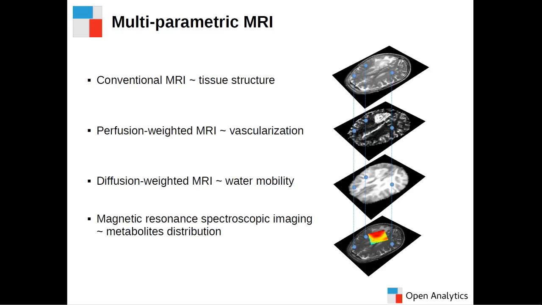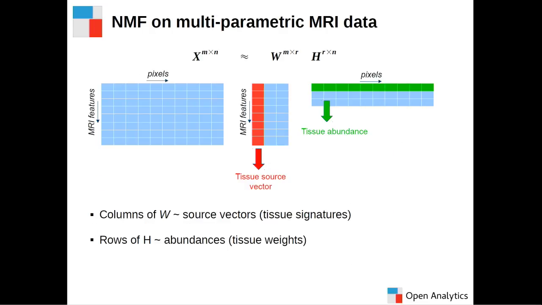We include diffusion-weighted MRI, which gives us information about the mobility of the water molecules within the brain. And we consider magnetic resonance spectroscopic imaging. That modality gives us insight on the spatial distribution of metabolites in the brain, so certain chemical components within the brain.